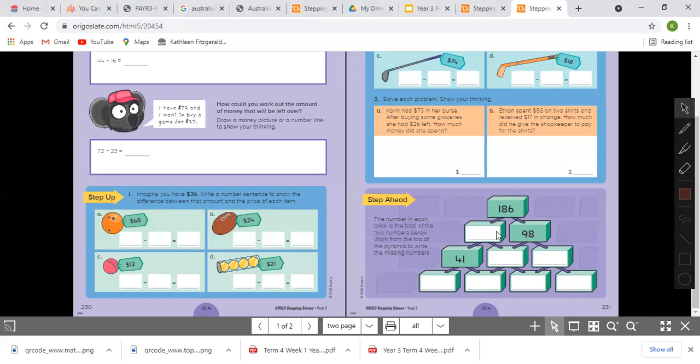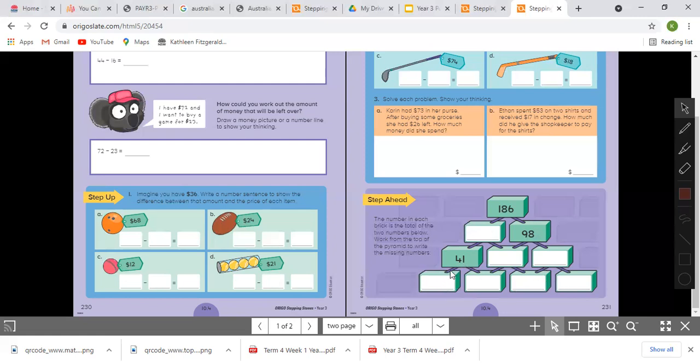Okay, when you've done that, you'll have a number here. You'll use that number to subtract 41, and that will tell you the number that should go in here. When you've got that number, you'll be able to subtract that number from 98, tell you the number that should go in here. Okay, and then you fill in the bottom ones.